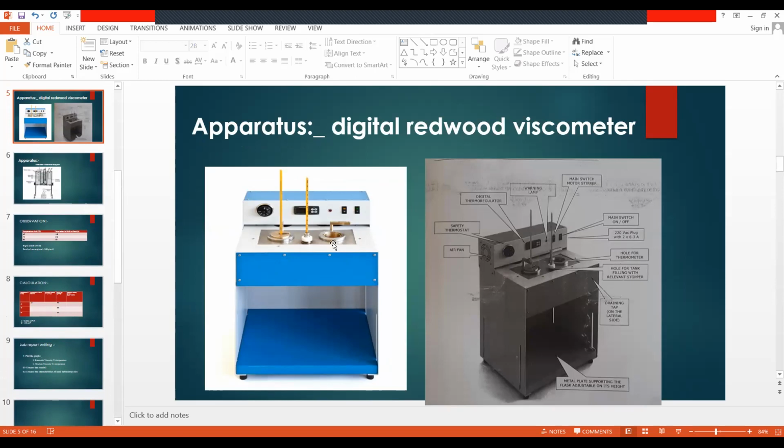This is the cylindrical cup. Here we fill the sample, and we heat up the water bath, and we have to heat the sample up to our required temperature.